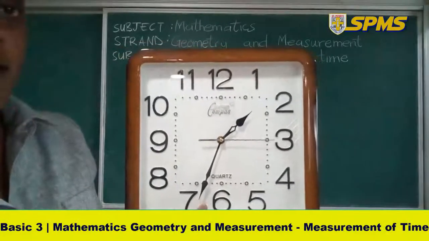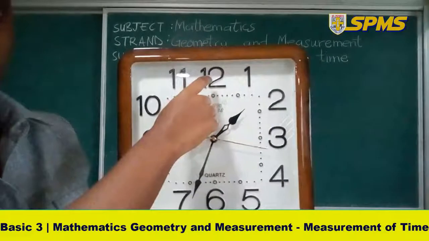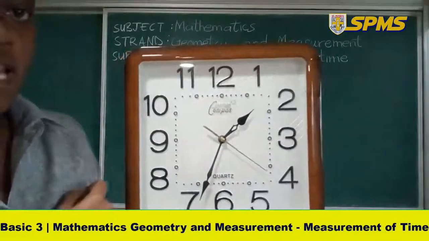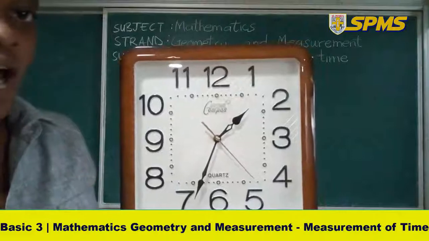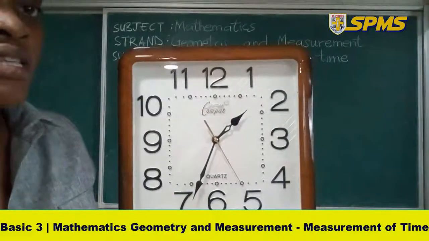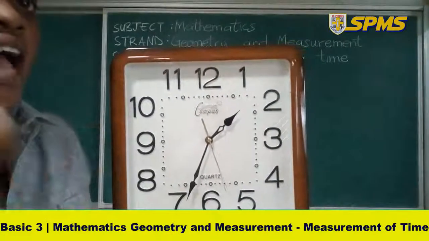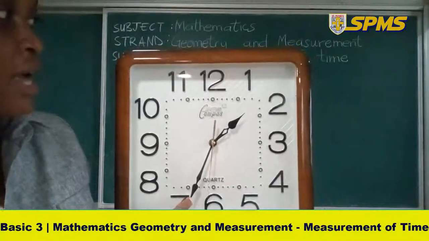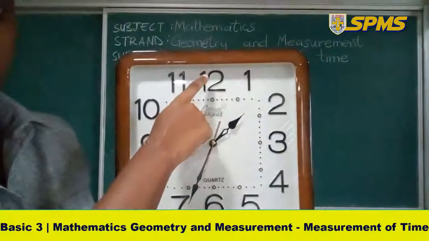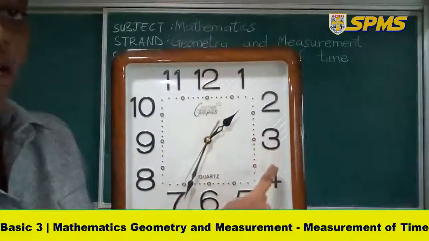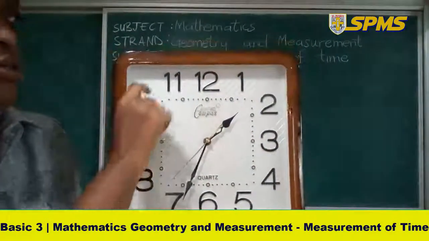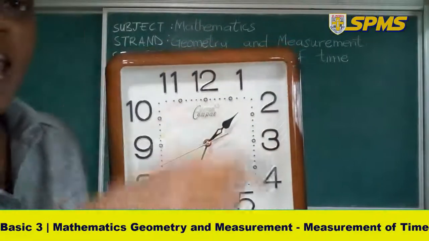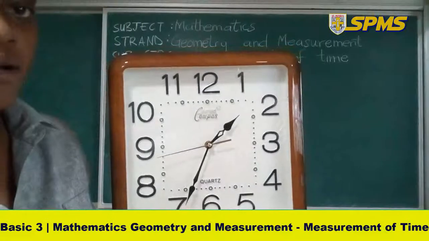When the minute hand moves from 12 and then completes its journey back to 12, it gives us 60 minutes, right? And then 60 minutes gives us an hour. So when the minute hand moves and makes a journey back to the 12, the hour hand will move to the next number.